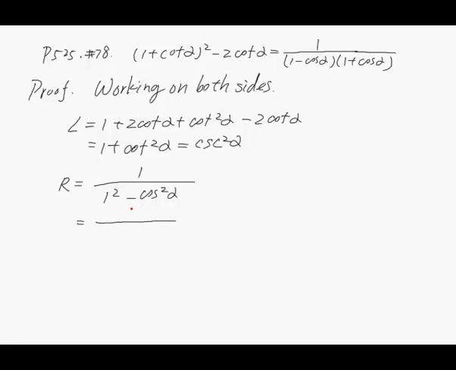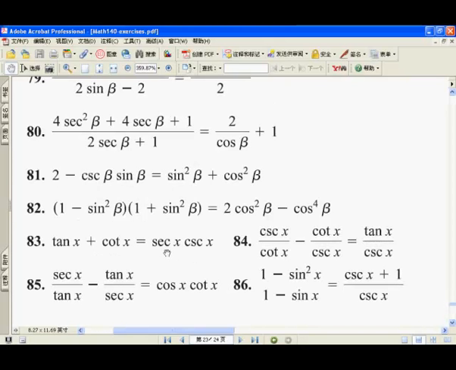Then use the fundamental identity, it is equal to sine square alpha, right? Then use the reciprocal identity, this is just equal to cosecant square alpha. So by now, by working on both sides, you got left side equal to right side, and then done.